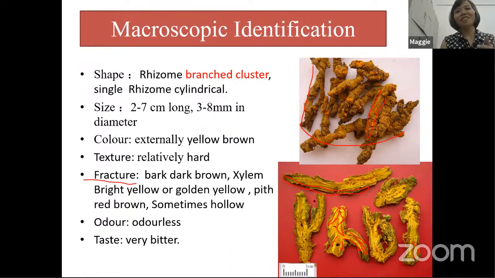It indicates that the Coptis is very, very bitter. So these are organoleptic characters: shape, size, color, texture, fracture, odor, and taste. Sometimes we can identify the drug by microscopic characters or organoleptic characters.